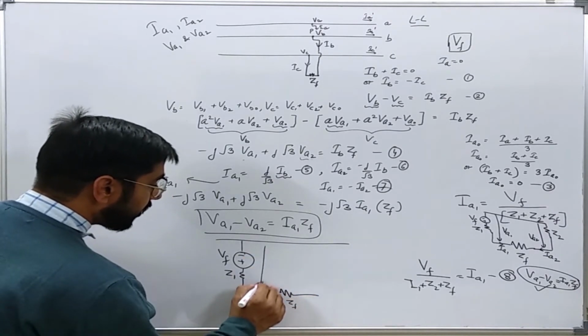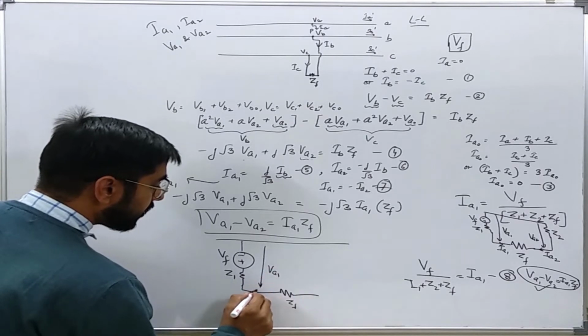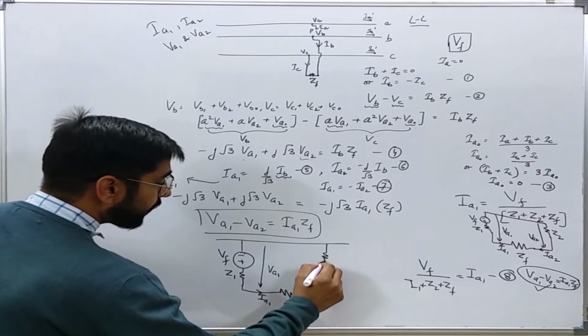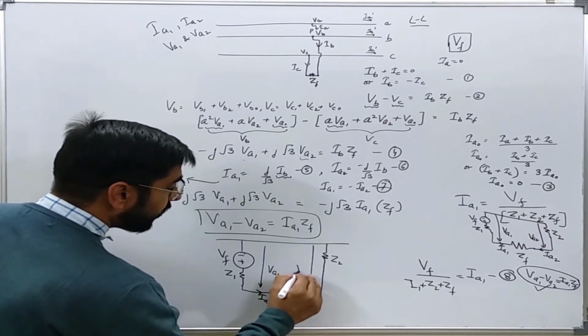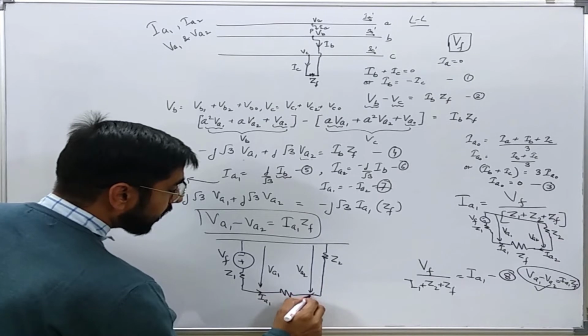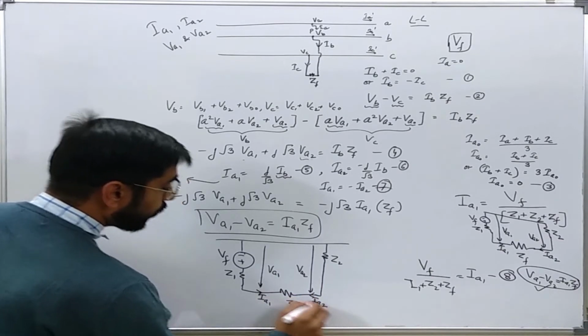Let us say this is voltage VA1, this is current IA1, then this will be Z2 and this voltage will be VA2 and this current will be IA2.